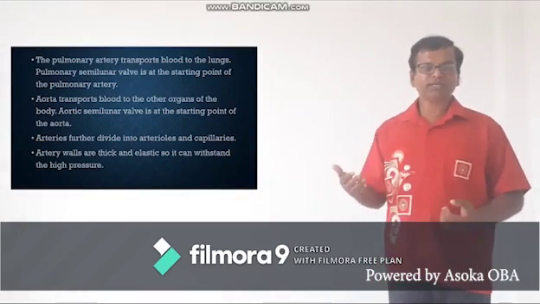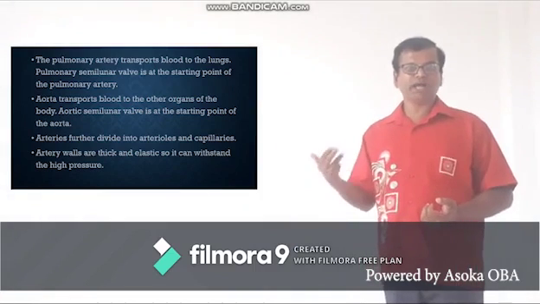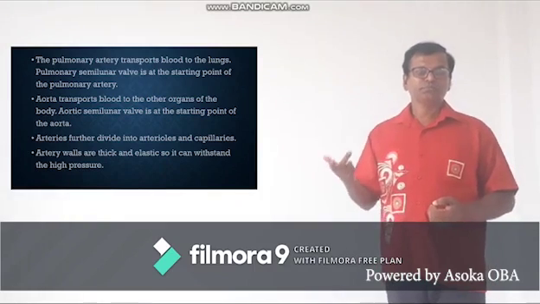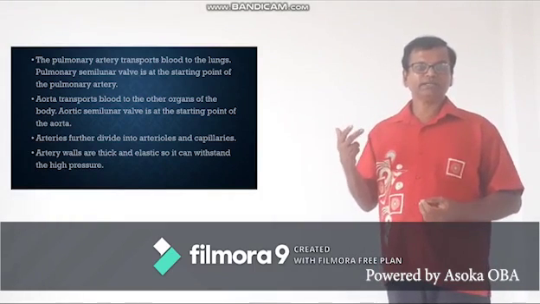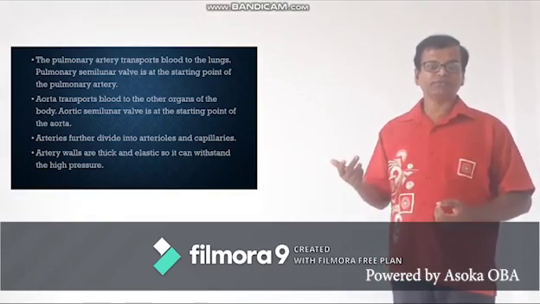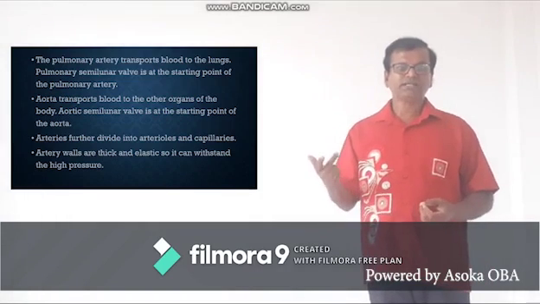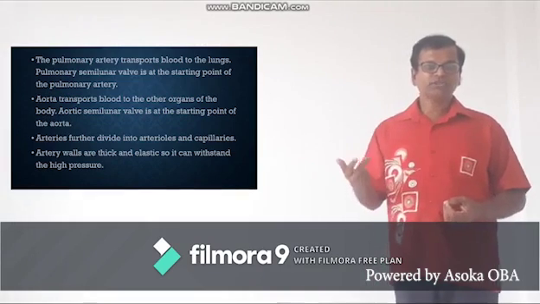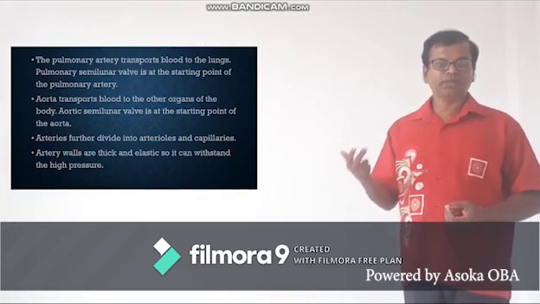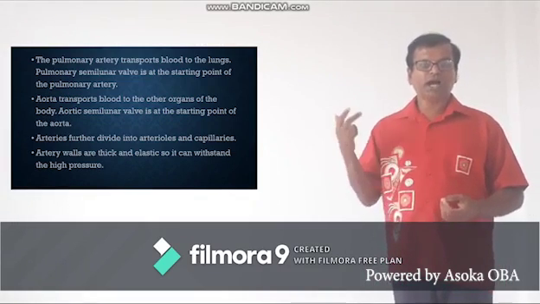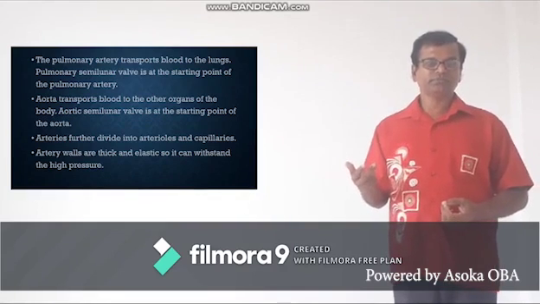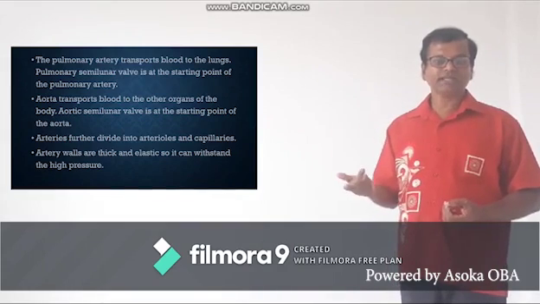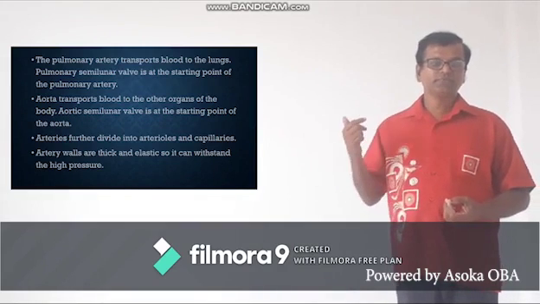Then the pulmonary artery transports blood to the lungs. Pulmonary semilunar valve is at the starting point of the pulmonary artery. Aorta transports blood to the other parts of the body. Aortic semilunar valve is at the starting point of the aorta.